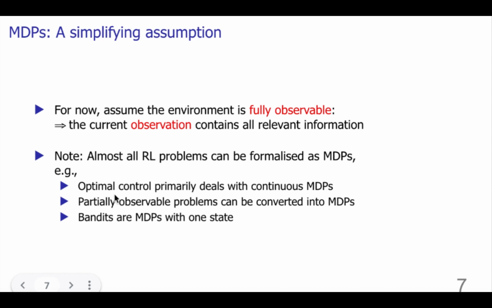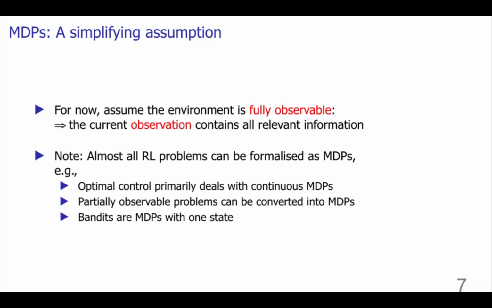For instance, let's consider optimal control. We said almost all reinforcement learning problems can be formalized as MDPs. We can formalize optimal control with a continuous MDP. Partially observable problems can also be converted into MDPs, because we discussed last time the partially observable Markov decision process.